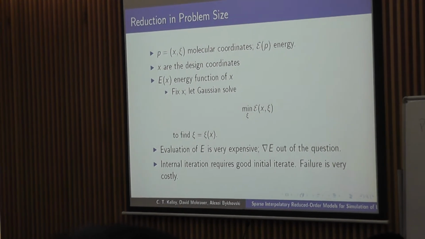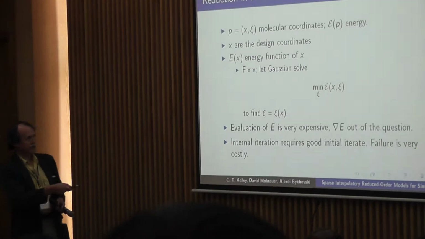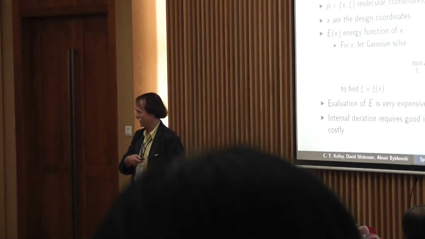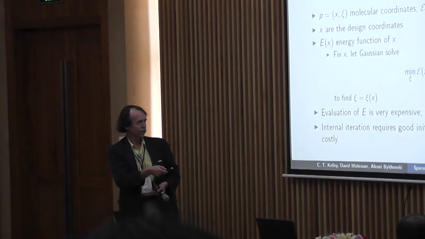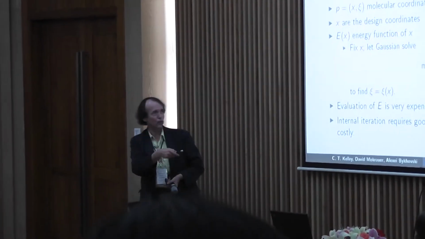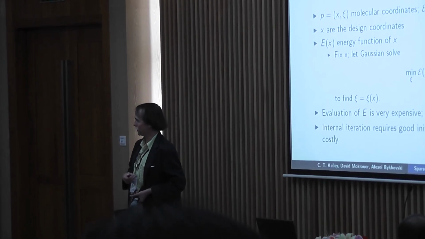However, Gaussian is going to have a lot of trouble computing the gradient of the reduced model. Gaussian can, at great expense and sometimes incorrectly, compute the gradient of the whole thing. But that's incredibly expensive.